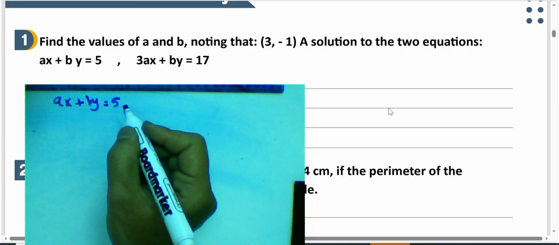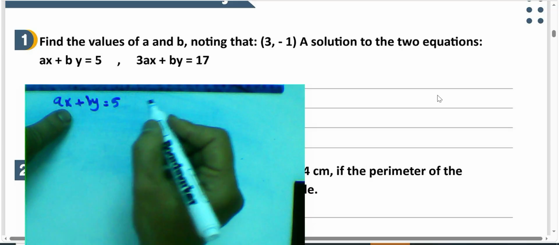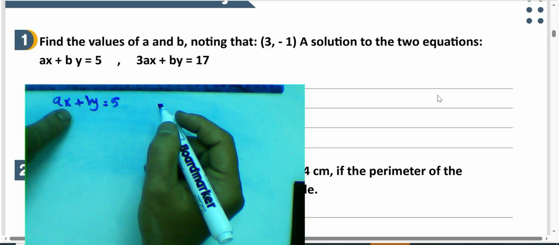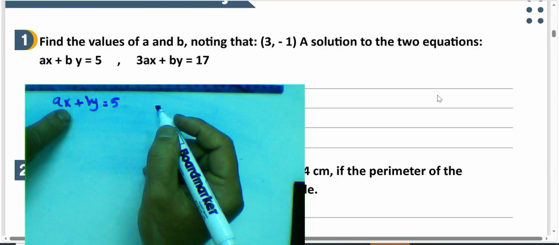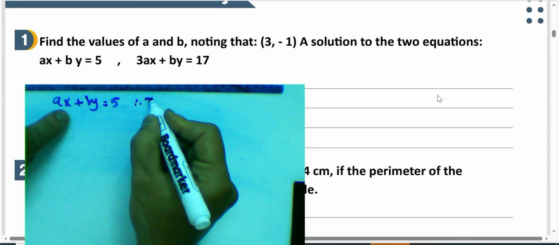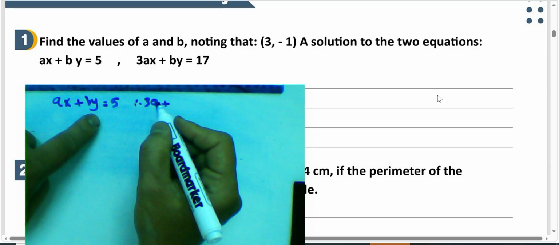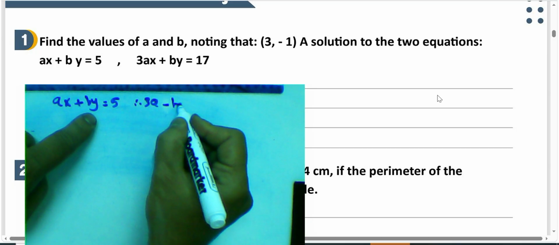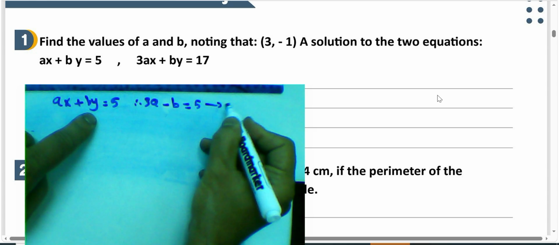Put the value of x as 3 and the value of y as negative 1, because this point satisfies the two equations. Then we have 3a, and the value of y is negative 1, times b is negative b, equivalent to 5. This is the first equation.